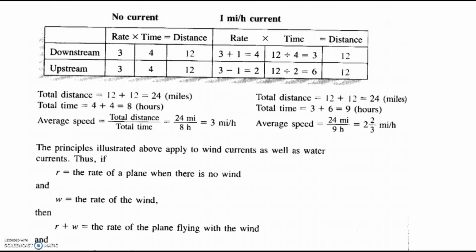It's still 12 miles, but divided by 2 miles per hour gives you a total of 6 hours to get back upstream. So you'll notice the distance is still the same. 12 plus 12 is 24. However, your time now takes 9 hours. And when you divide the 24 miles by the 9 hours, your rate has become 2 2/3 miles per hour.